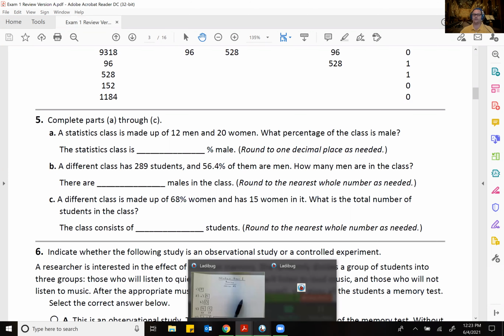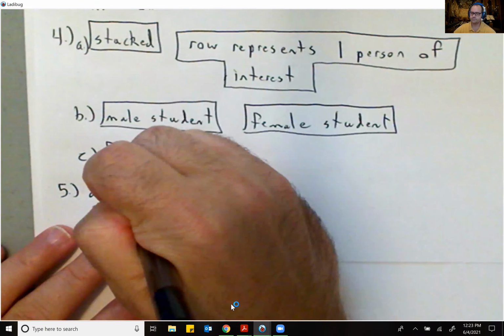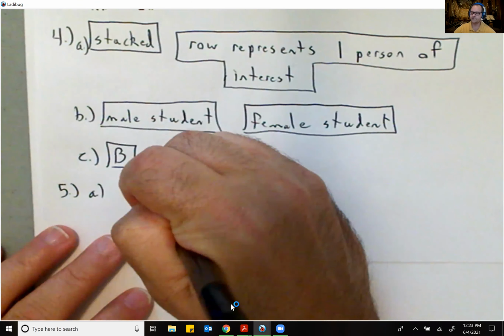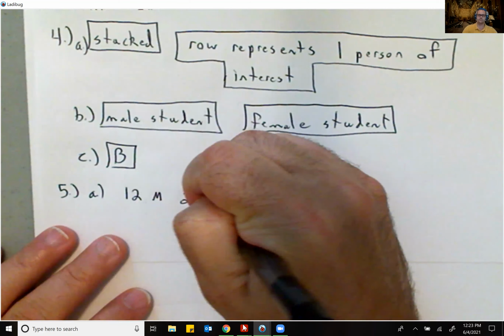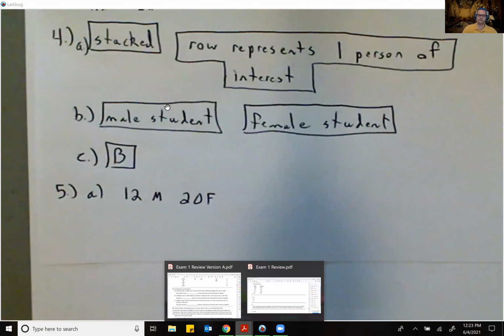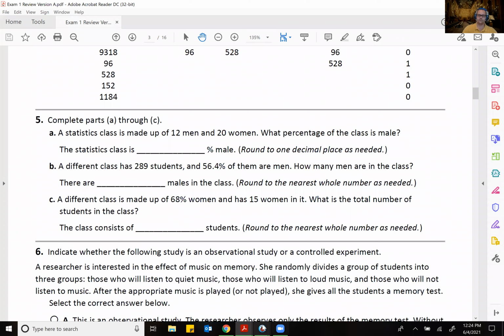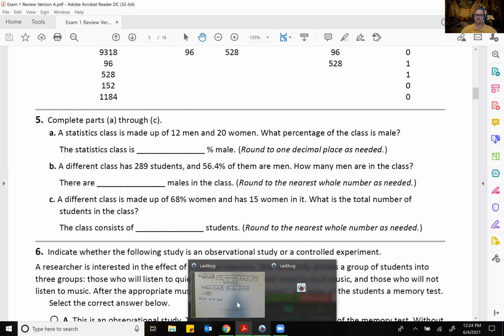I've got 12 men and 20 women. Twelve males and 20 females. Make sure of that. Yep. Okay. We want to know the percentage of men.